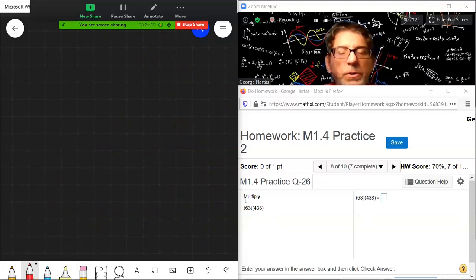Another horizontally laid out problem. So which would you put on top, the 63 or 438? And you said the 438, correct. Only because it makes multiplication. Actually, you know what? No. So let me demonstrate why I wouldn't do that.